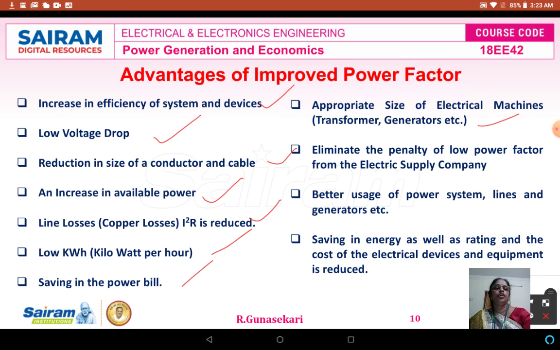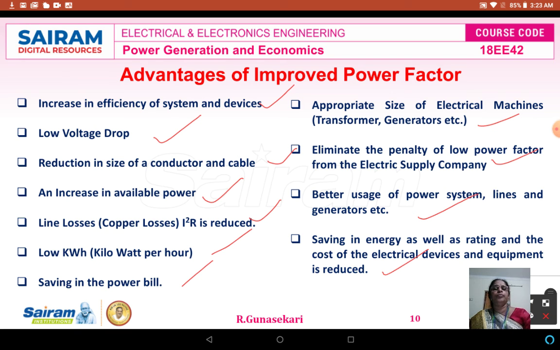The penalty of low power factor from the electric supply company is eliminated. Better usage of power system, lines, generators, etc. Saving in energy as well as the rating and the cost of electrical devices and equipment is reduced. These are the advantages of improved power factor.